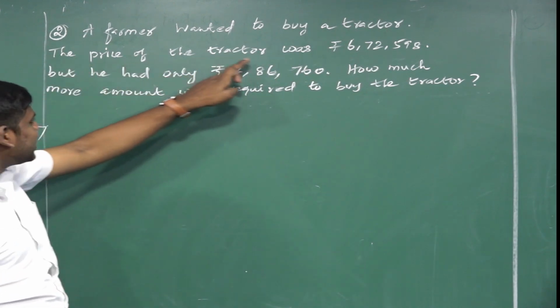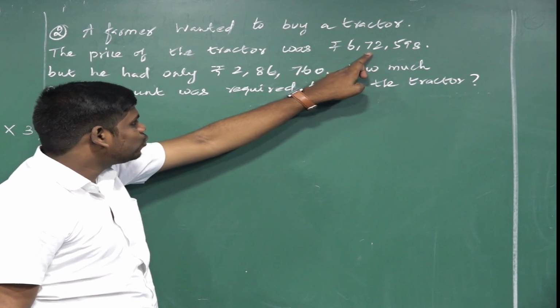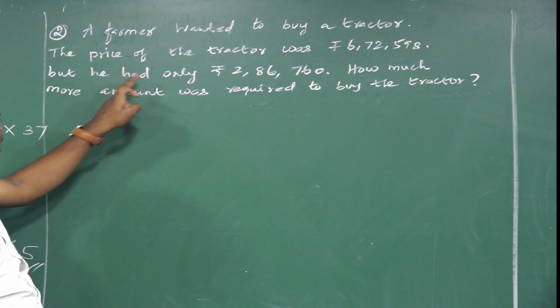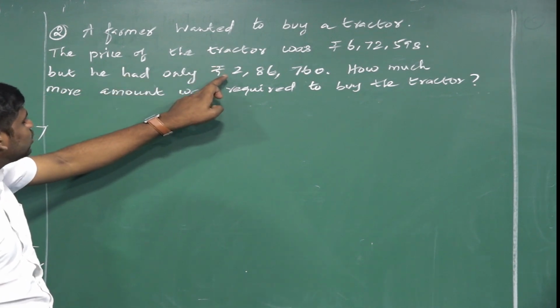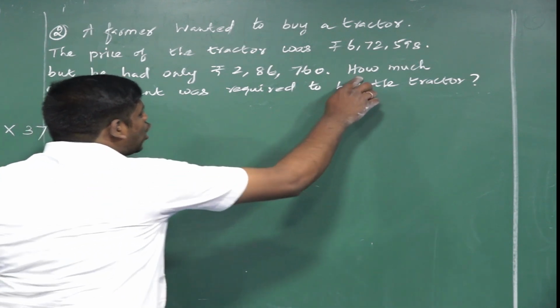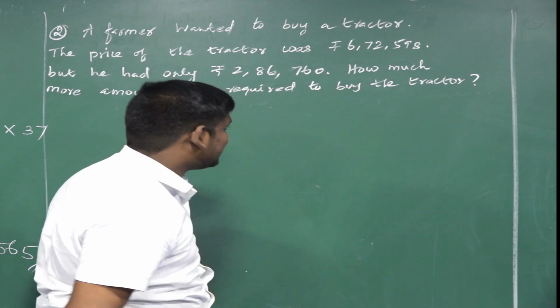The price of the tractor was rupees 6,72,598. But he had only 2,86,760. How much more amount was required to buy the tractor?